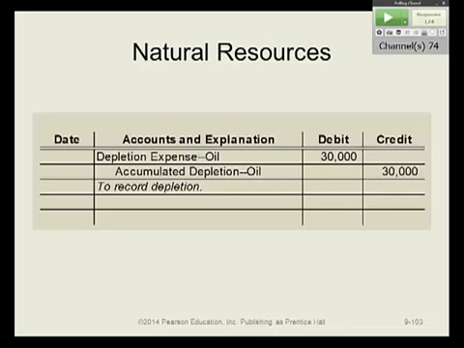So that's the amount of depreciation expense. If you're using units of output, it looks the same because it starts with depreciable cost.